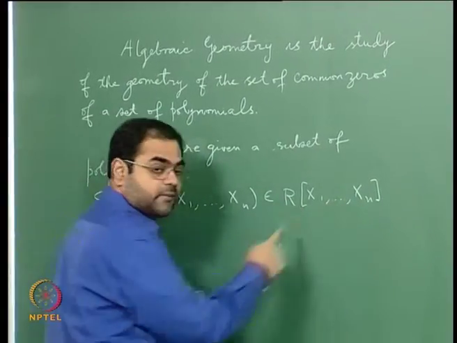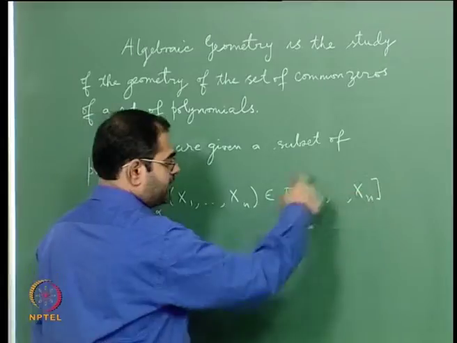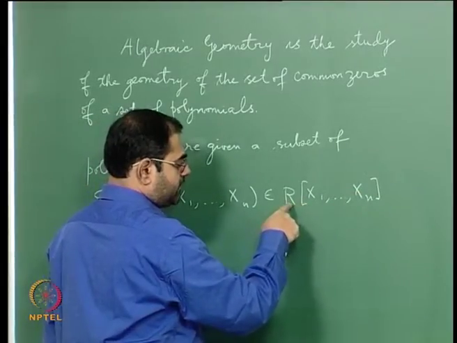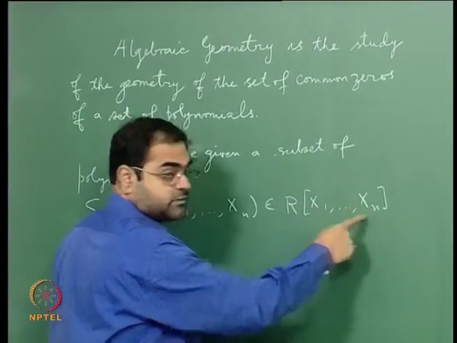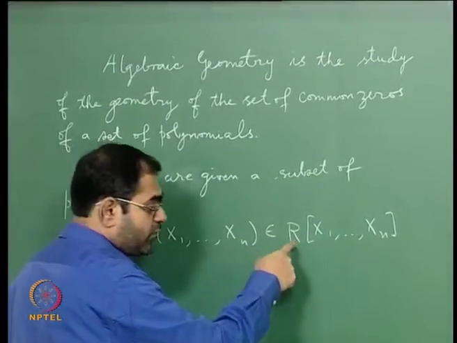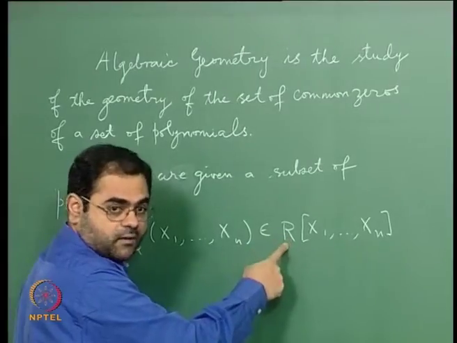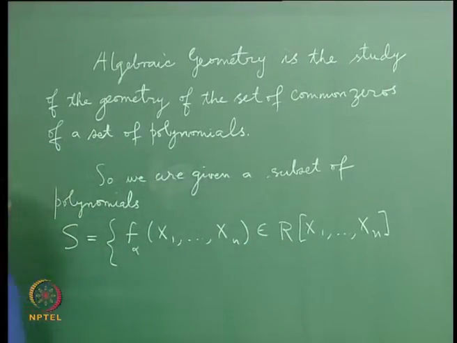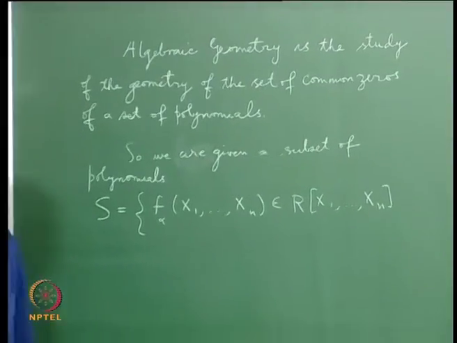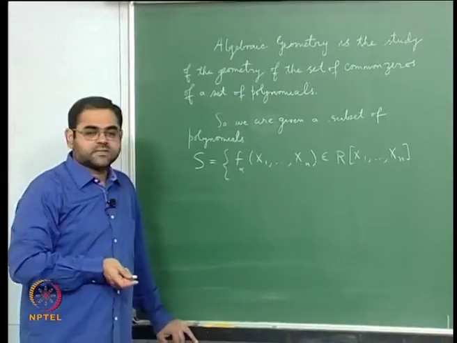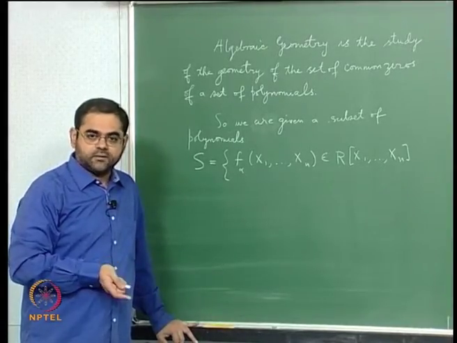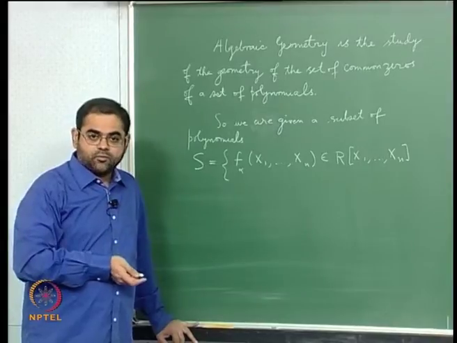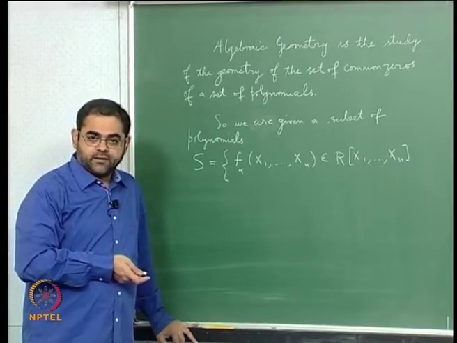in a polynomial ring. Okay, so this ring is the commutative ring that consists of polynomials in the variables x1 through xn and with coefficients in the commutative ring R. Of course I will not repeat this often, we are always going to be worried only about commutative rings, and commutative rings are assumed to be with a unit element, that is with 1, and we will always assume that homomorphisms of commutative rings carry 1 to 1.